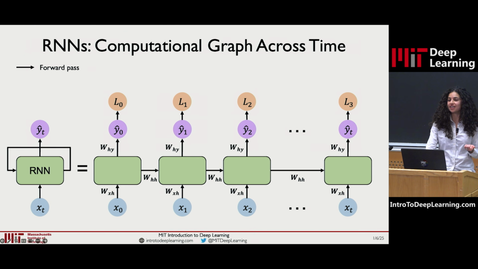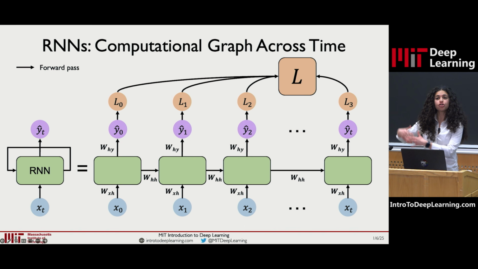The only difference is that we can compute a loss at each slice, at each of these individual time steps in the sequence, and get a total loss by summing over all the time steps in our sequence. So in total, this defines what we call our forward pass: how we make predictions time step by time step, and how we use those predictions to compute a loss.